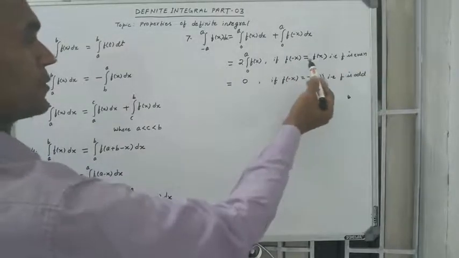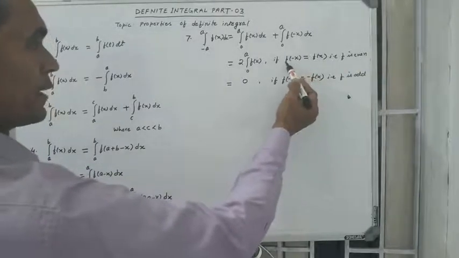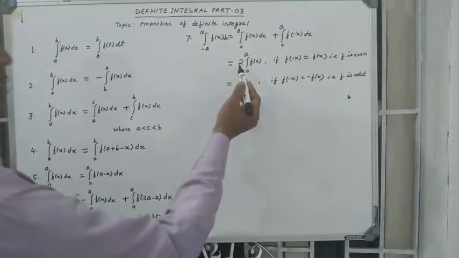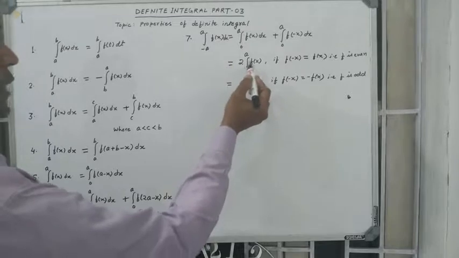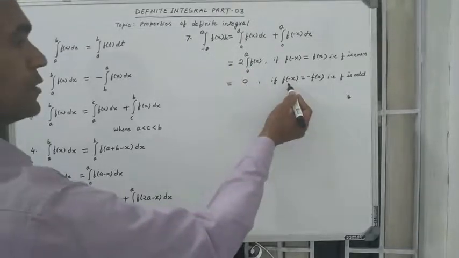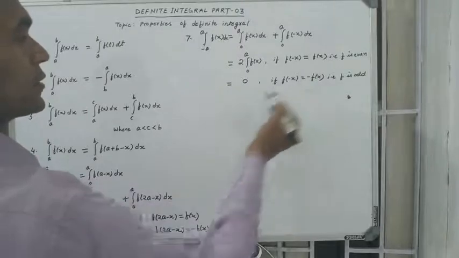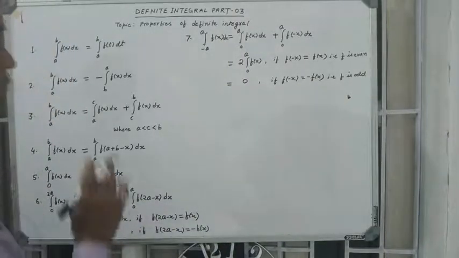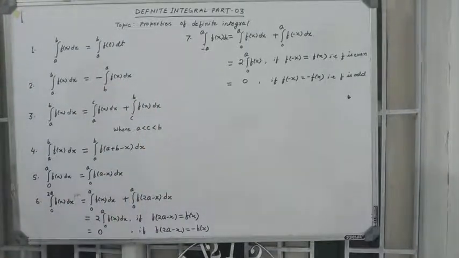In case of an even function, f(minus x) is equal to f(x), so this value will be twice of this. It may be 0 if f(minus x) equals minus f(x), that is, f is odd. So these are 7 properties we have to learn and apply in questions one by one.